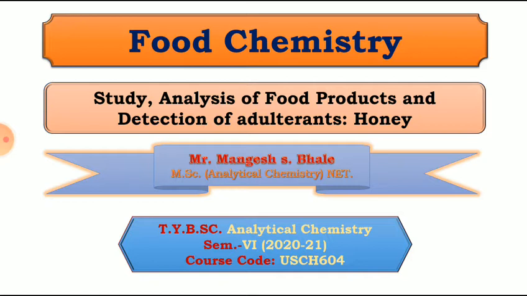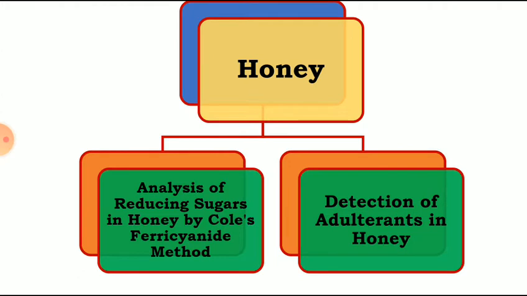In honey, first we will see analysis of reducing sugars in honey by the Cooligde ferricyanide method, and second, detection of adulterants in honey.